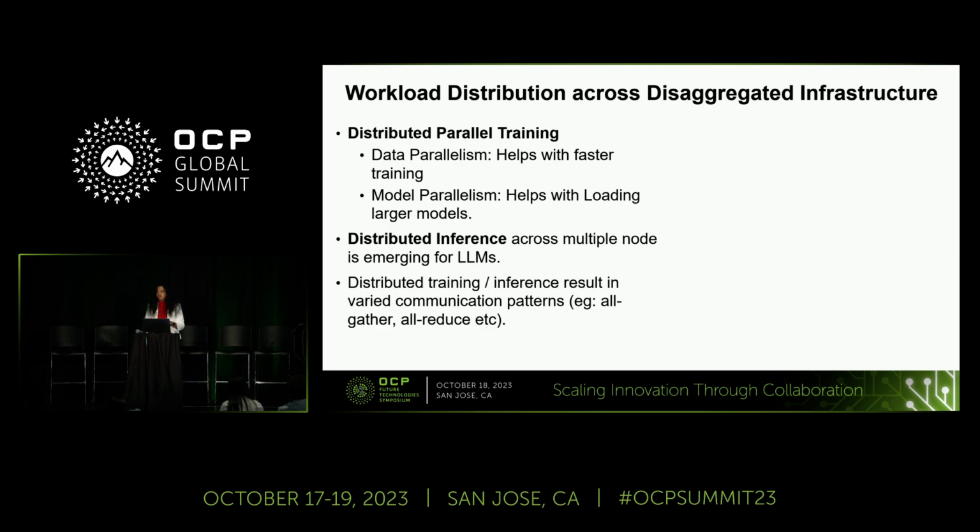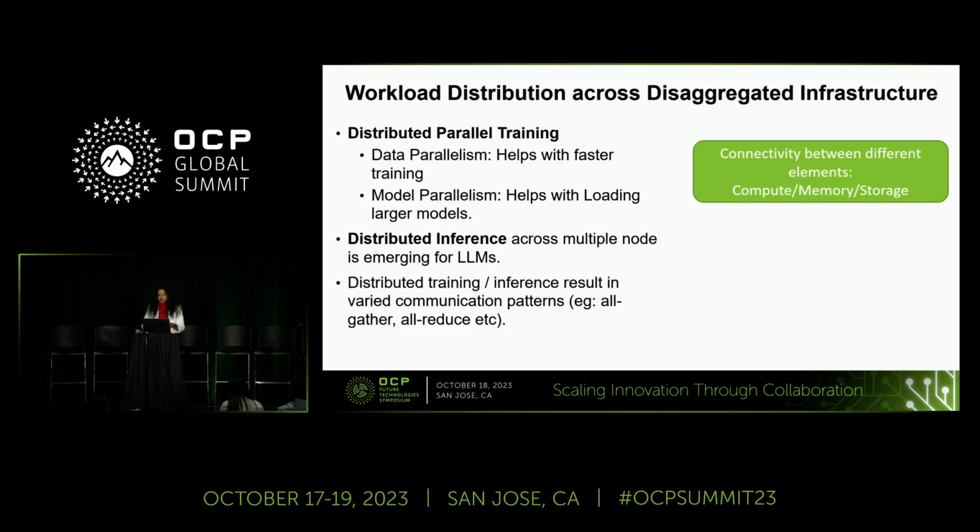Both distributed training and inference end up with different kinds of communication patterns within the nodes, such as all gather, all reduce, et cetera. So what are the challenges that this poses on our infrastructure? First is just the general connectivity or the interconnect architecture between the compute, the memory, and the storage.